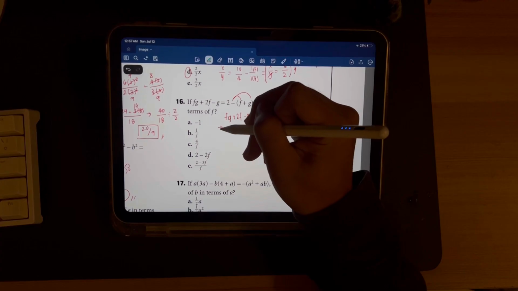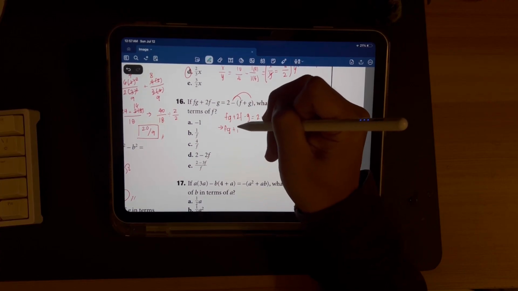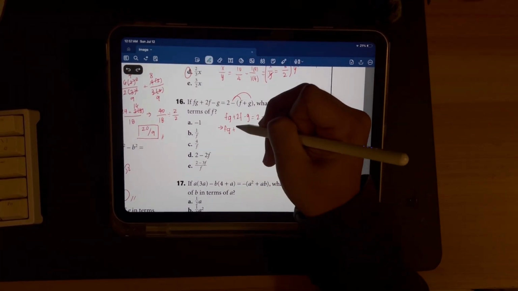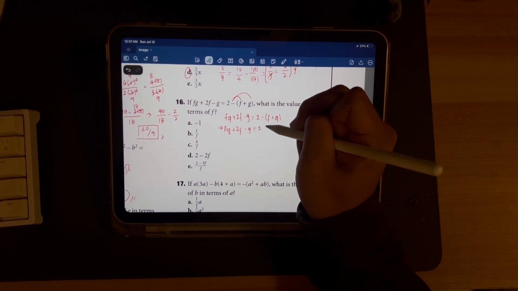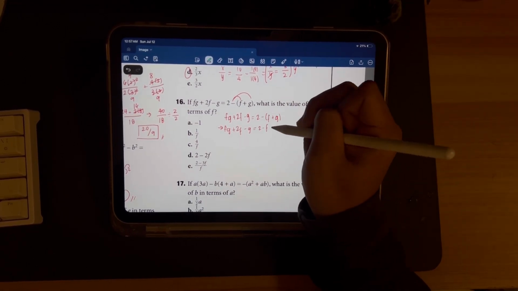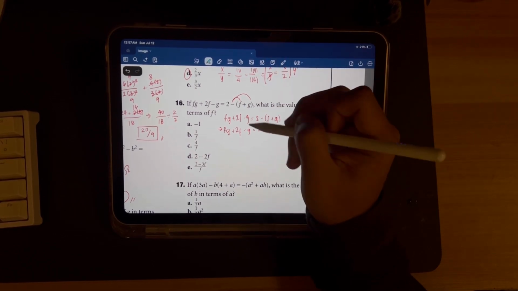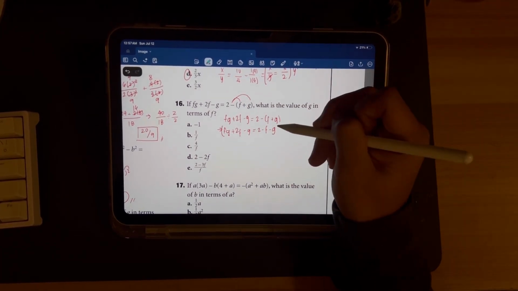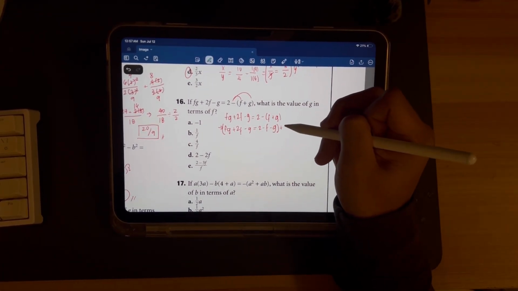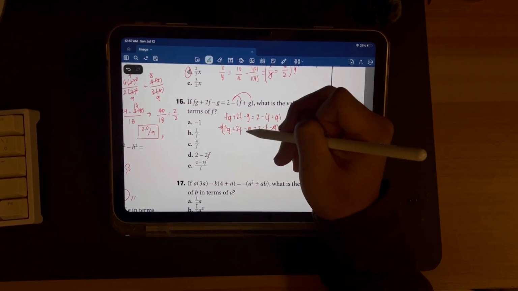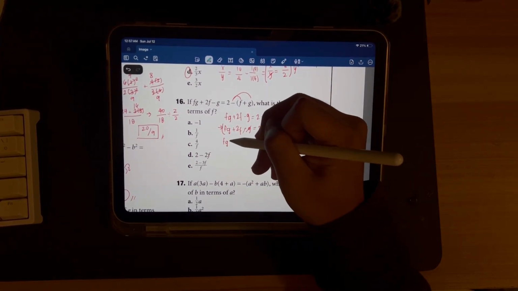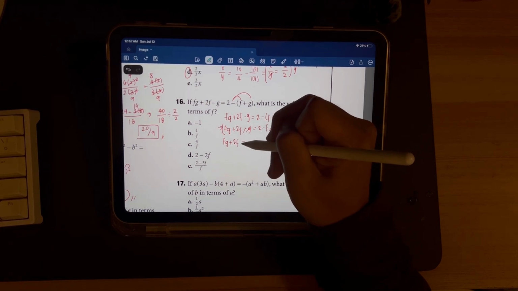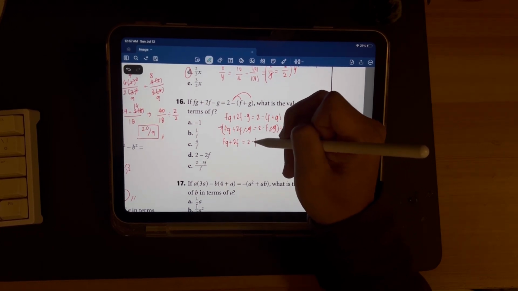It will become fg plus f minus g is equal to minus f negative g. So let us further simplify this by adding g both sides so we can cancel this out.